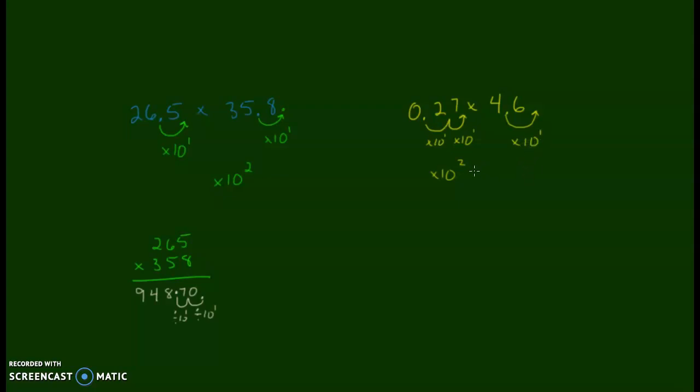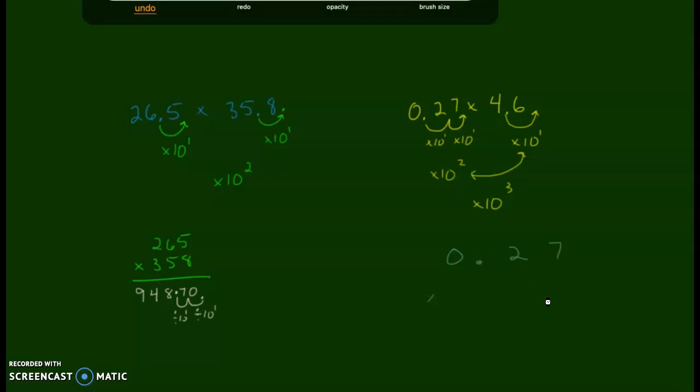So with times 10 to the second and times 10 to the first, that's the equivalent of times 10 to the third.